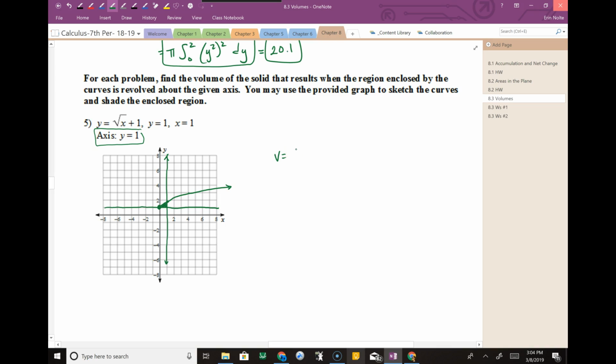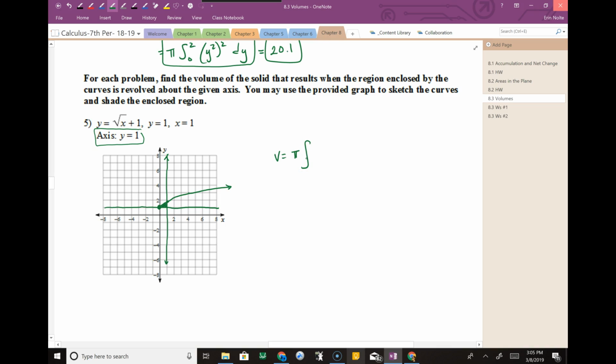If we revolve it around y equals 1, is this integral going to be a dy or a dx? dx, because y equals 1 is parallel to the x-axis, so we're still revolving it in the same way. Anything parallel to the x that you revolve will be a dx.